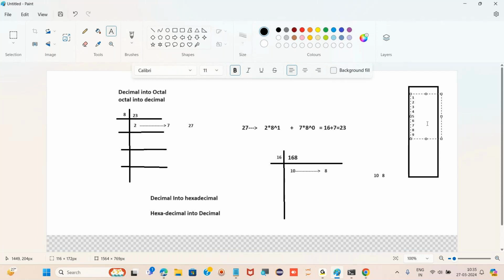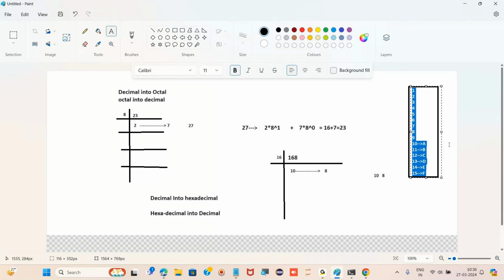After 9, the 10th value, we will consider it as A. Likewise, 11 as B, 12 similarly C, 13 D, 14 it is E, and 15, which is the last one, is F. Till 15 only we can consider the value.